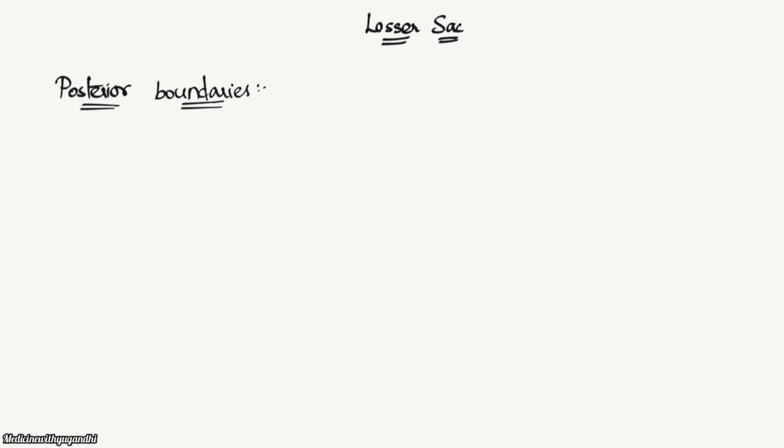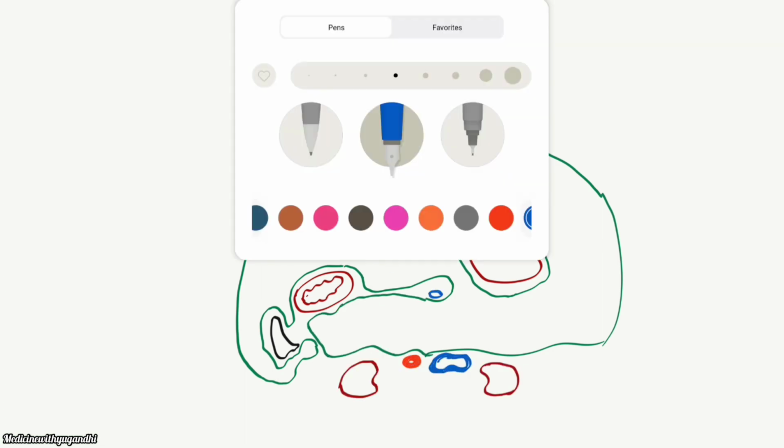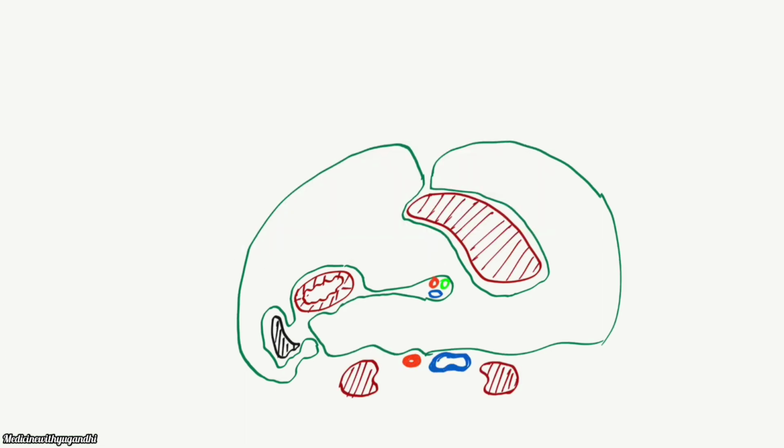Before looking into the posterior boundary, it is worthy to see the lesser sac through a horizontal section. So this is a horizontal section through the abdomen. Let me mention the parts one by one. This is the parietal peritoneum, and this is the liver.